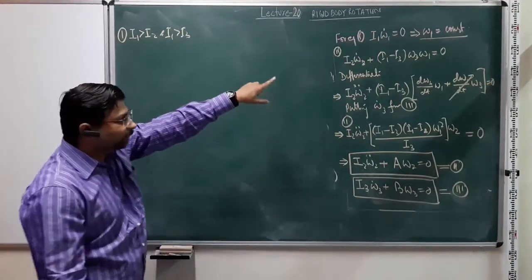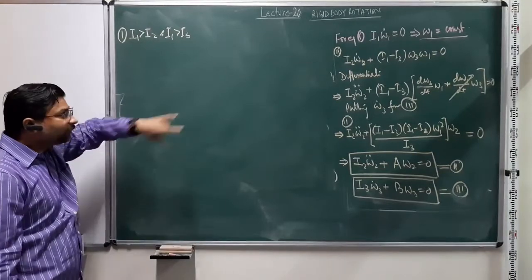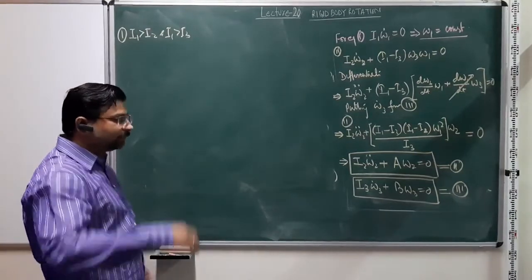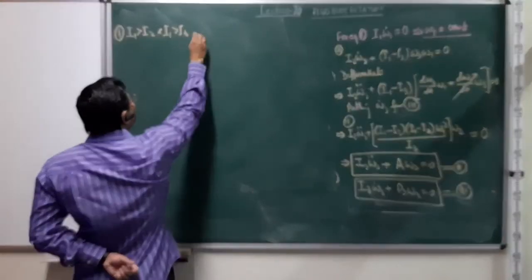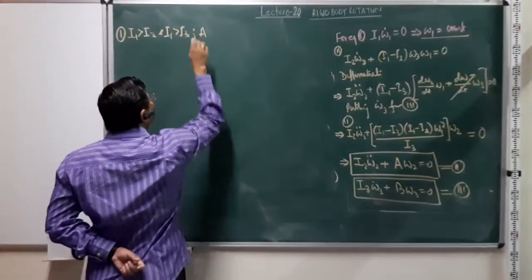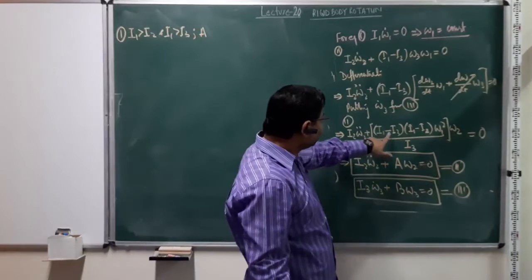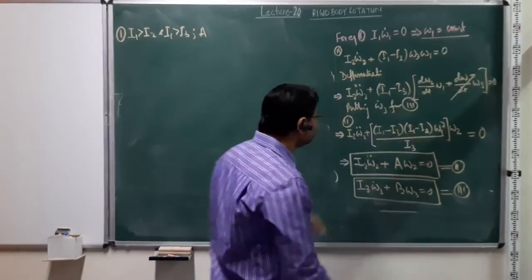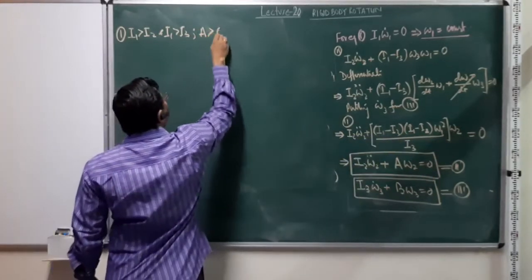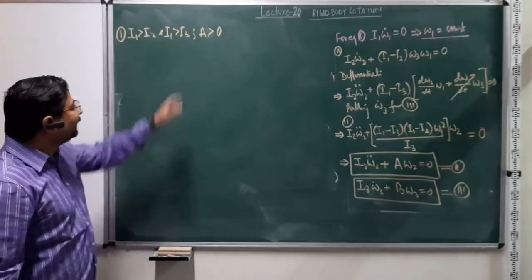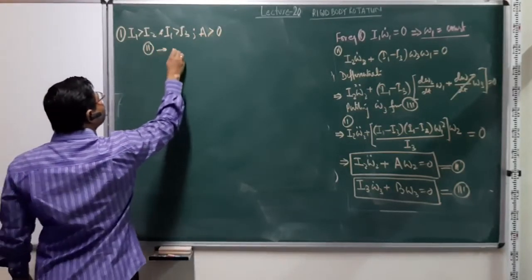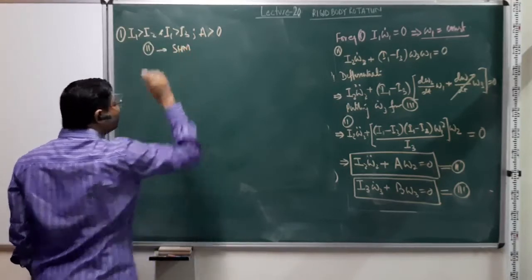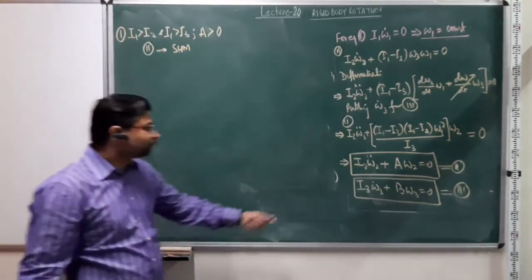So of course omega 1 is constant, that's what we have assumed, right? So the system keeps on rotating about that principal axis. What about A? If this is the case, then A here, I1 greater than I3, I1 greater than I2, right? So A is then greater than 0. And if A is greater than 0, then my equation number 2 is the equation of simple harmonic motion, right?